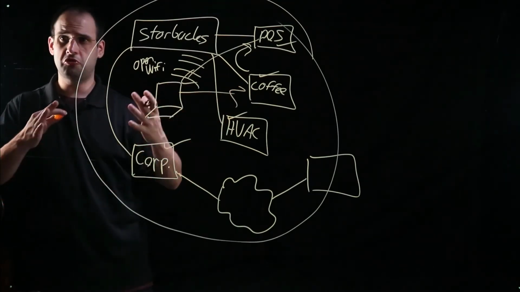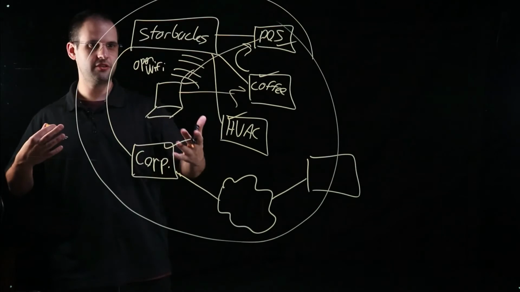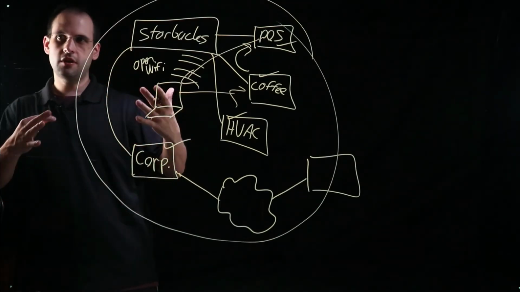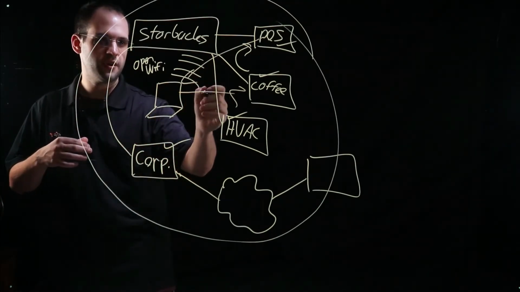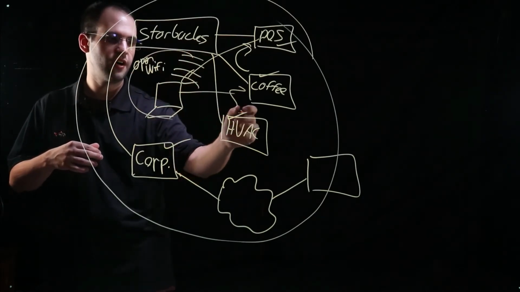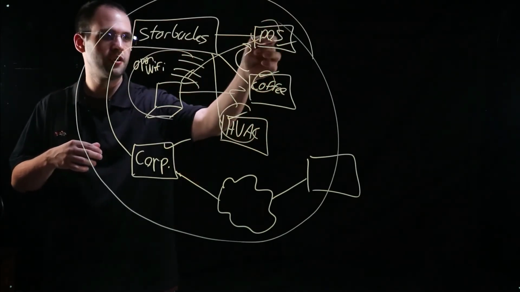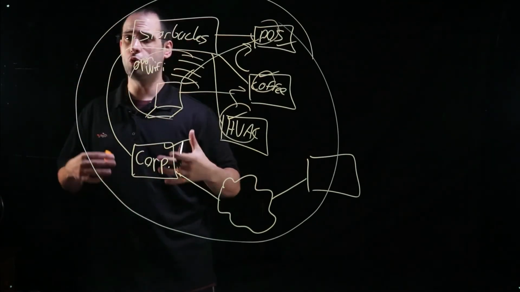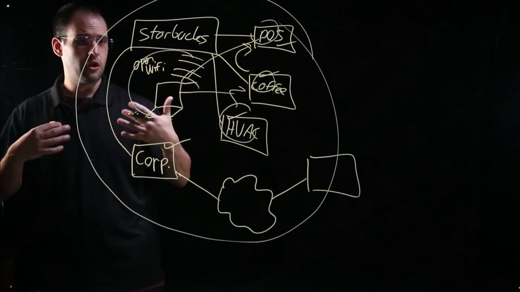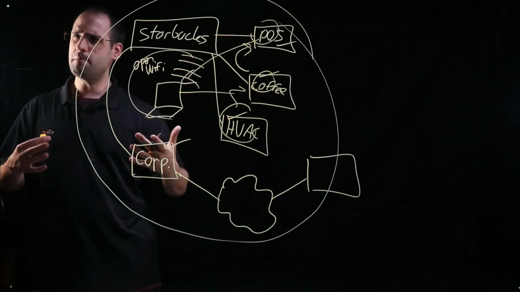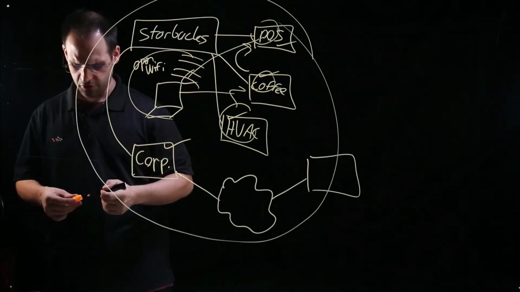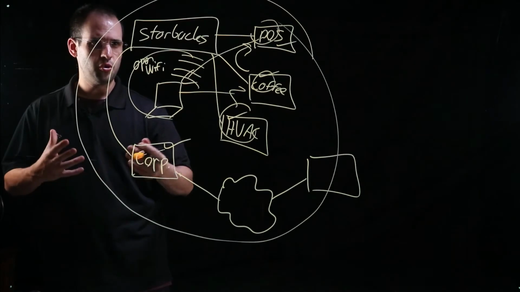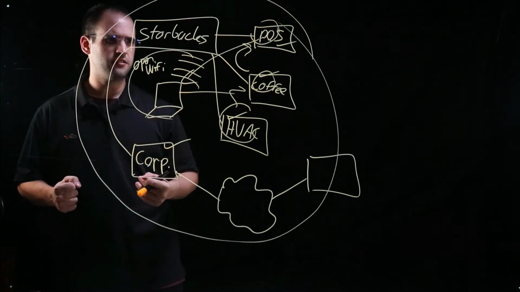There are other security measures that we would put in place to prevent this, but by segregating our networks into separate entities, so we have an open Wi-Fi, an HVAC, a coffee, a point of sale system, making each of these a separate network or a sub-network would allow us to better secure and better manage our devices. So that really brings us into why we are using these sub-networks.